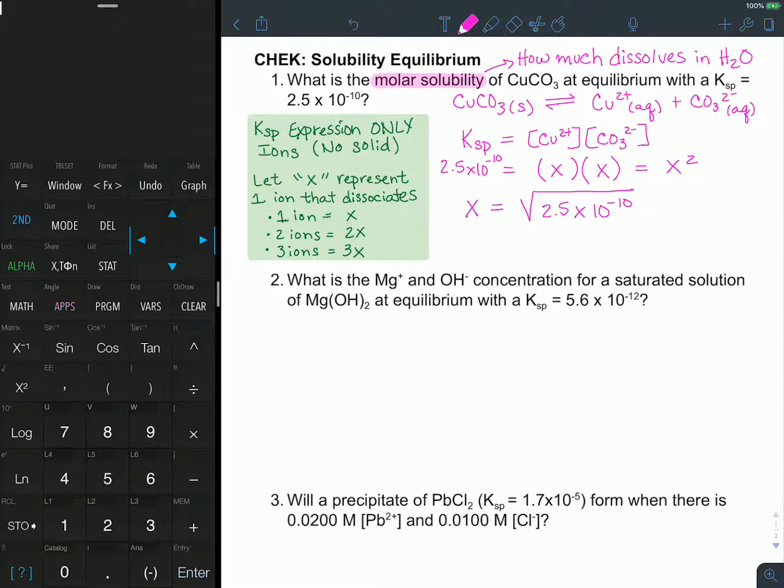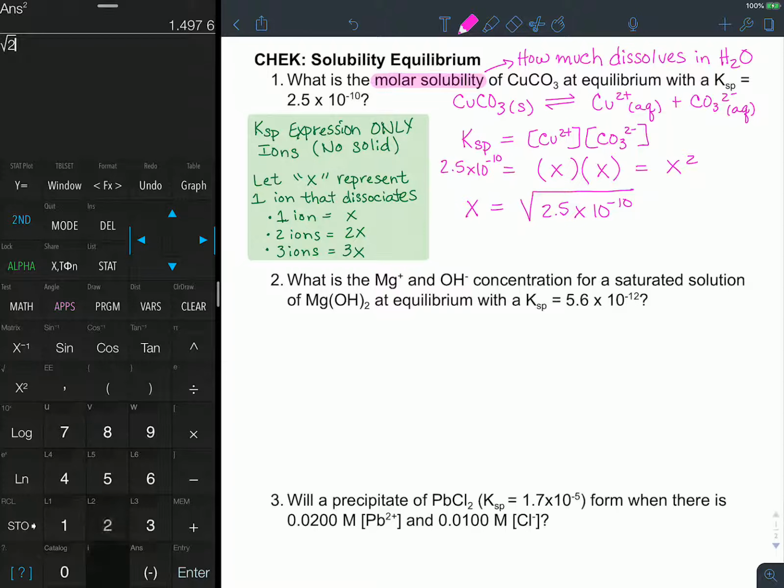We can plug that into our calculator. I'm going to hit my square root button. Sorry, I was on the wrong thing. Clear. Second, square root. There we go.